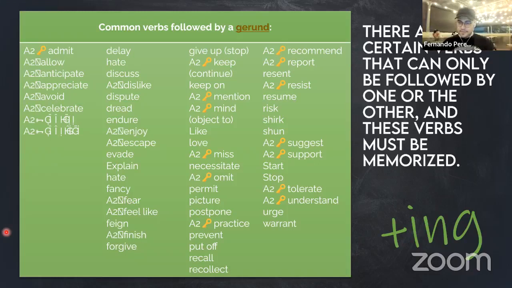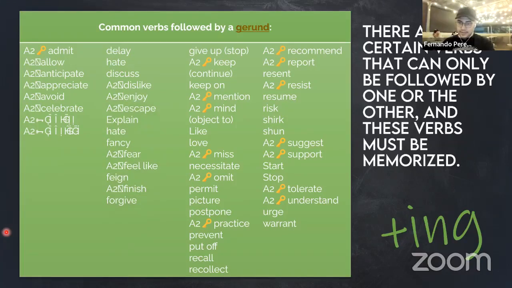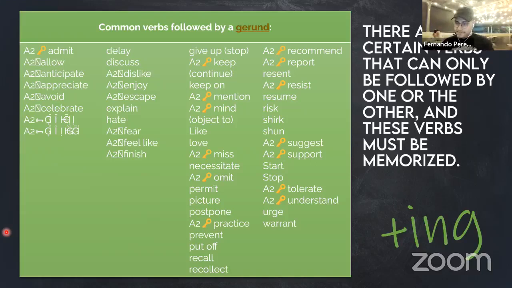To hate. Let me eliminate the one that I sent to you. Something easy to memorize. We have hate here, so we can eliminate hate. And fancy is too much. Feel like, forgive. That's super difficult, teacher. Come on. Very difficult verbs. Give up, continue.